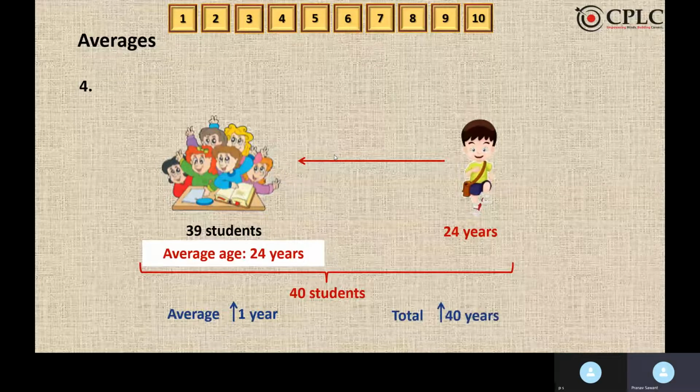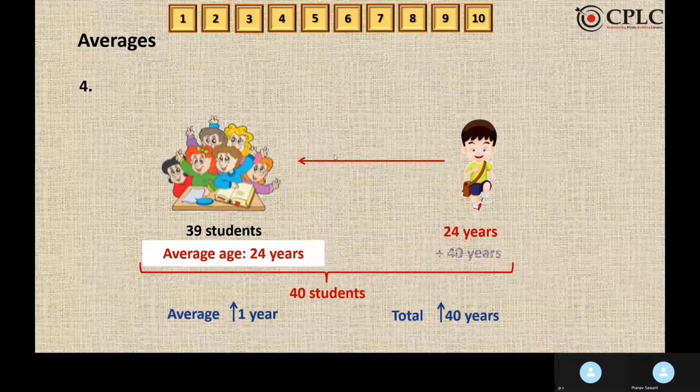Now, as the average is going up by 1 year, to keep the average constant, there are 40 students, so we will take it as 40 into 1, that is 40.